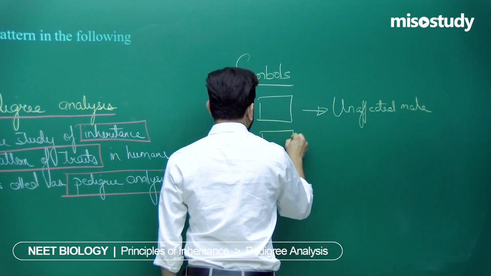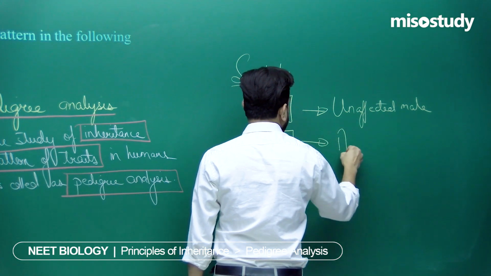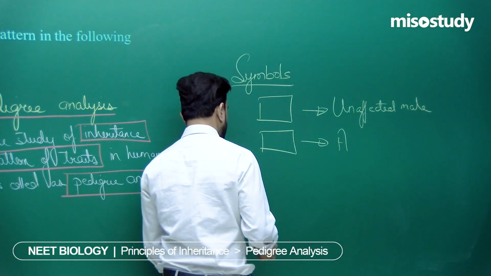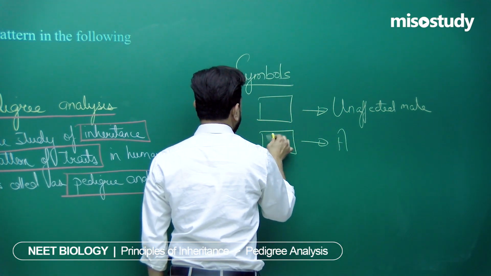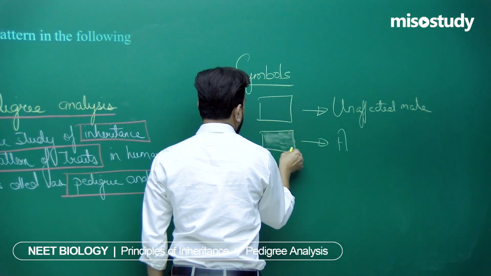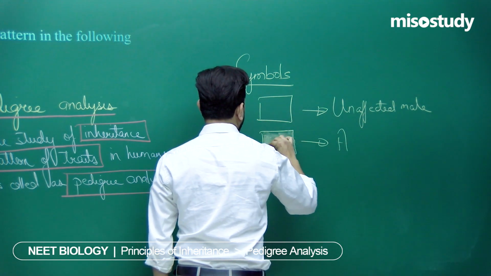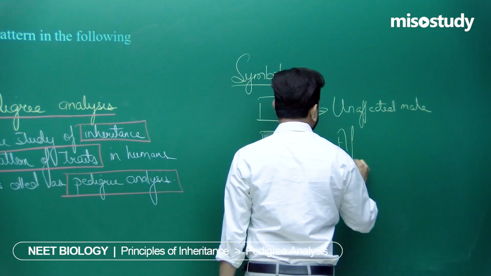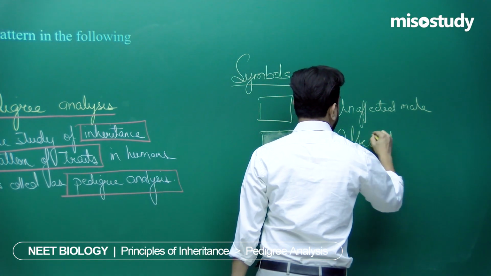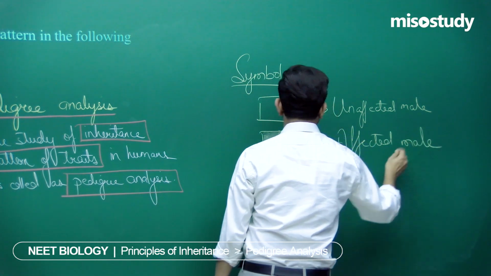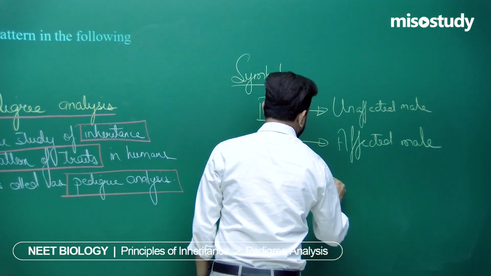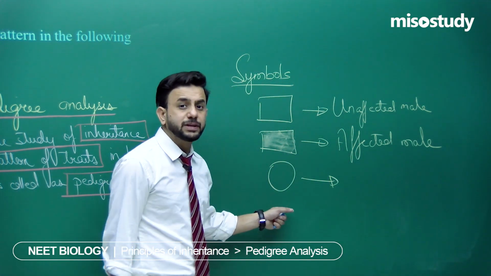If you shade this, it becomes an affected male. This is an unaffected female.